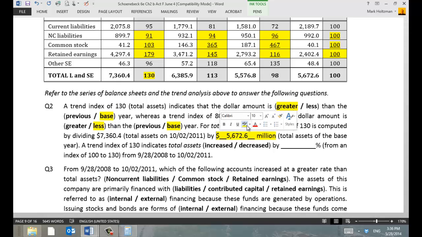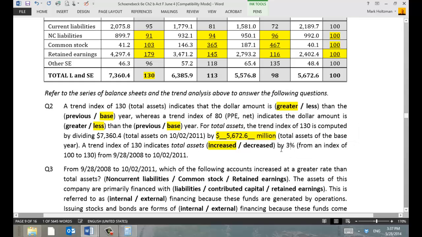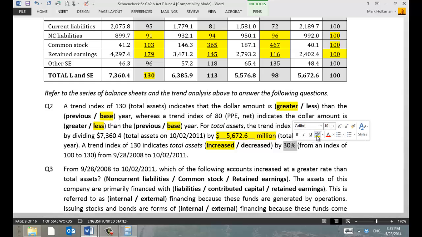A trend index of 130 indicates total assets increased by how much? 30% over a 3-year period. Now be careful. It doesn't mean 30% over 1 year. It means over 3 years.